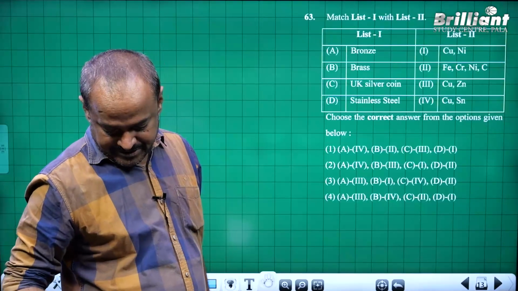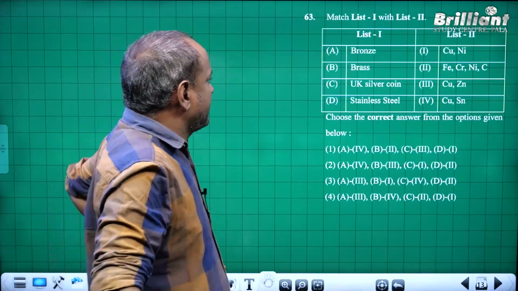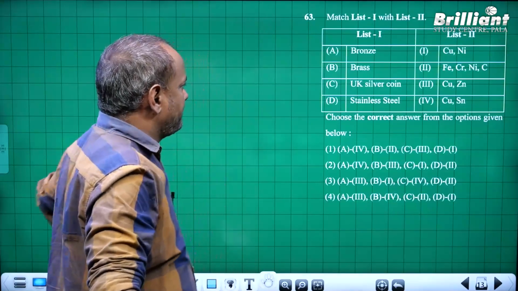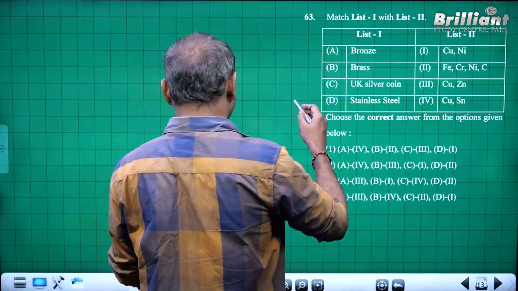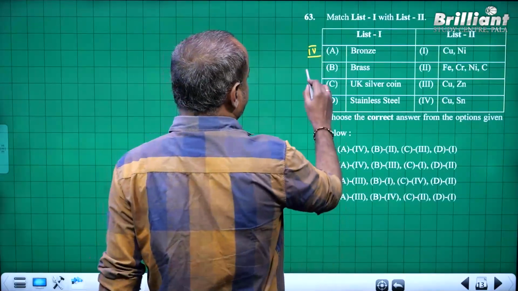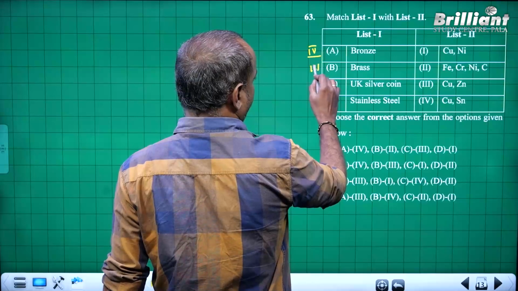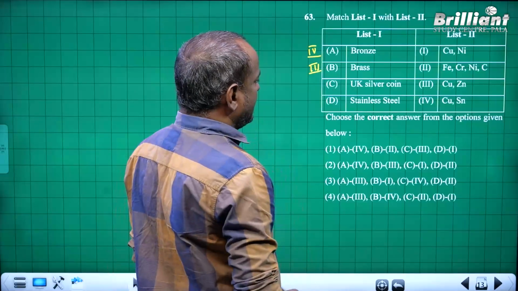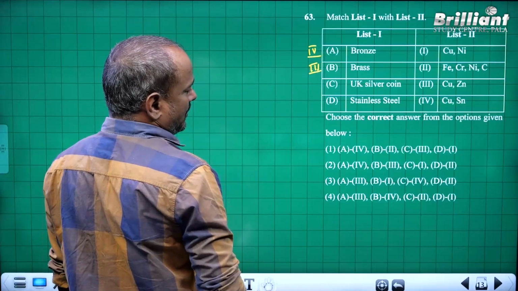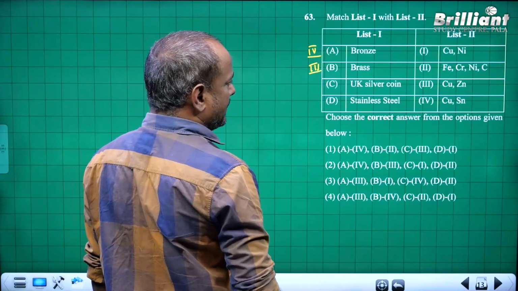Next, 63. Bronze, copper, tin. Brass, copper, zinc. UK silver coin, copper coated nickel.